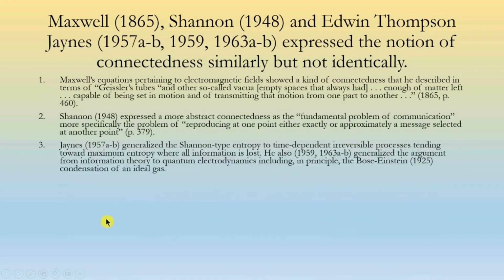and doesn't in others. In fact, that agreement can be the essential problem that is addressed in Zeilinger's experiment, if you followed that. Jaynes generalized the Shannon-type entropy to time-dependent irreversible processes, experiments, or experiential processes that can't be repeated.